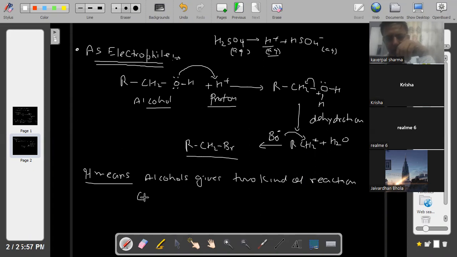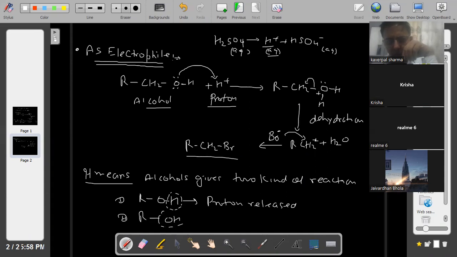Like ROH, in which a proton is released, and in another ROH, OH ions are released. Then proton released, and then OH released. In such a way, there are two kinds of reactions.